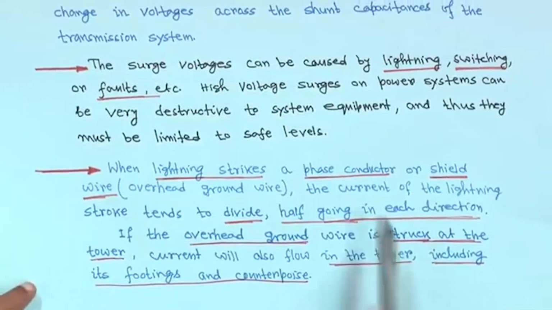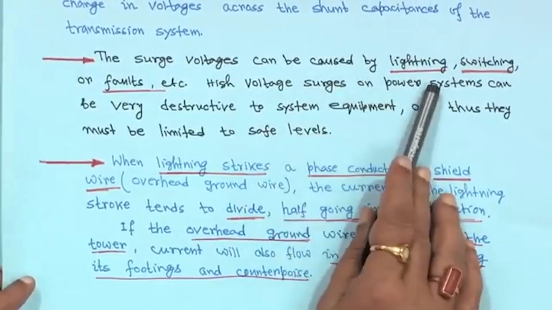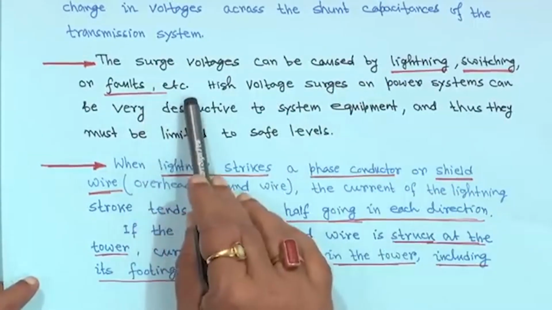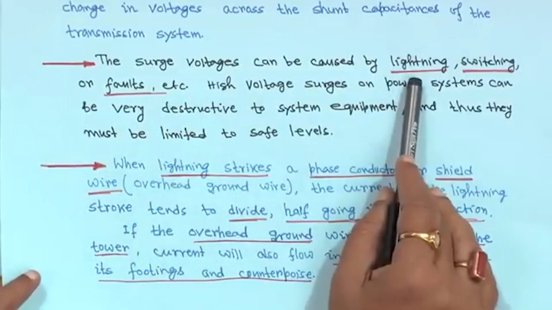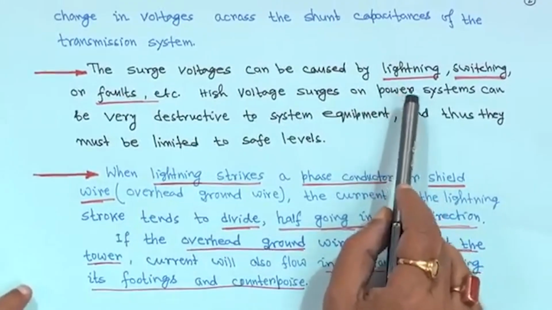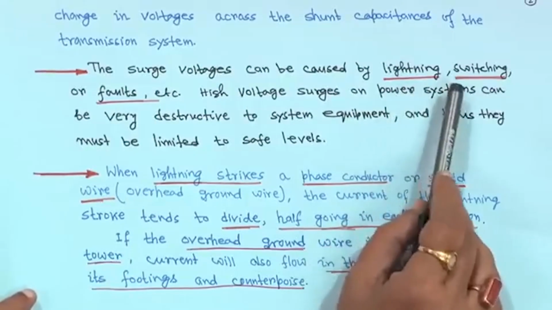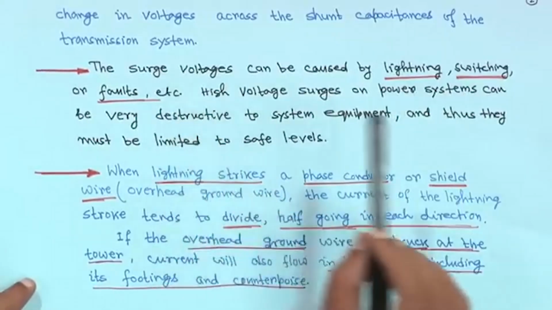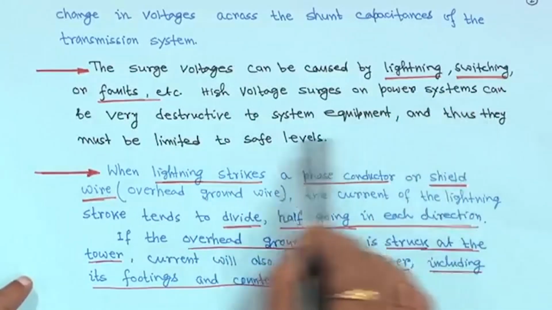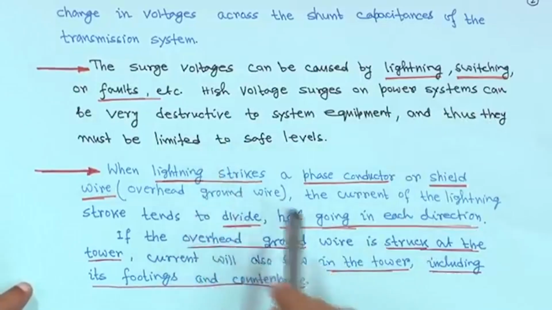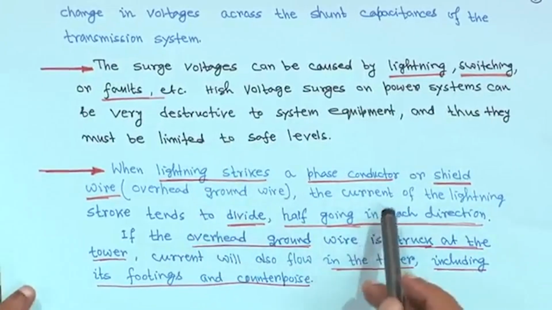Now, next is that surge voltage can be caused by lightning, switching or faults etc. Lightning stroke we will explain later on, as you have seen again and again, and switching or faults etc. High voltage surges on a power system can be very destructive to system equipment, because they can destroy everything, right.